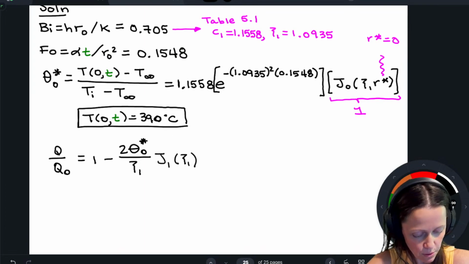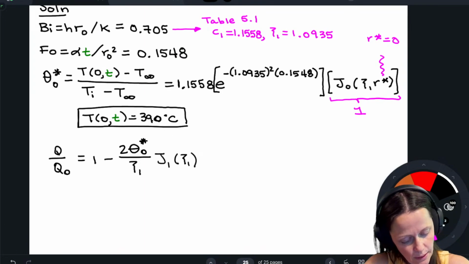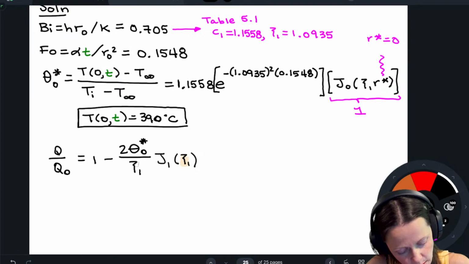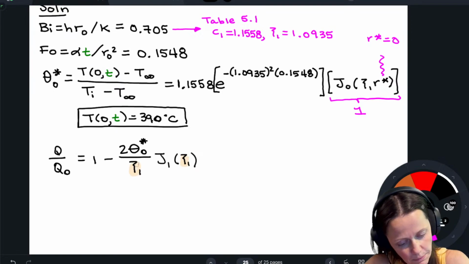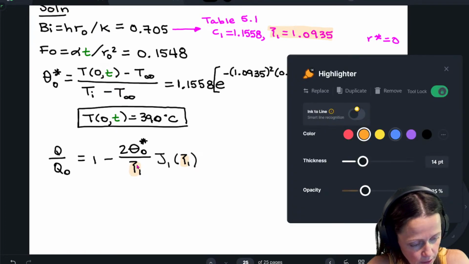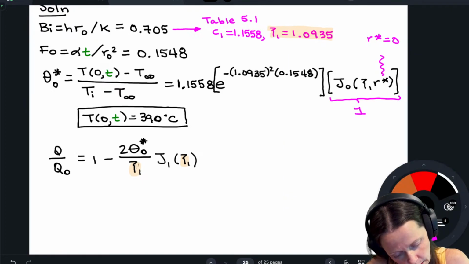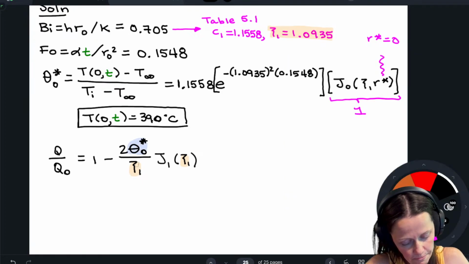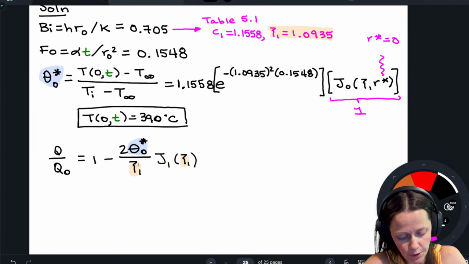All right. So I know quite a few of these things. I know this because it's the same value as this. And I also know this because he's the same value as this.